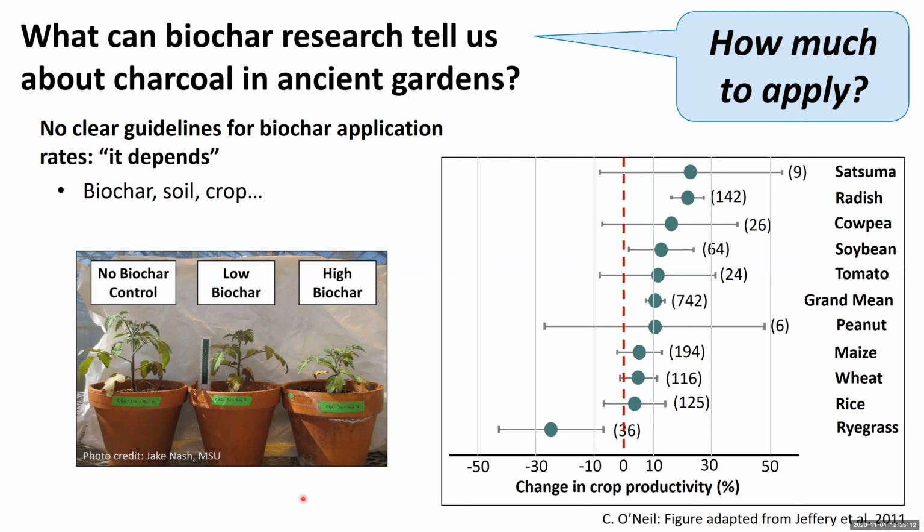The photo shows representative tomato plants that we grew from seed in the greenhouse in soils that had either no biochar, here in the pot on the left, a low amendment level, or a high amendment level. And this roughly corresponds to about the 11 tons per acre and 33 tons per acre I showed in a previous slide.